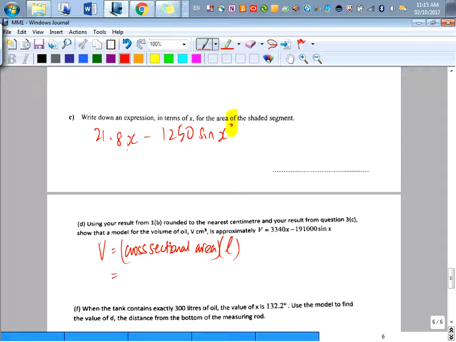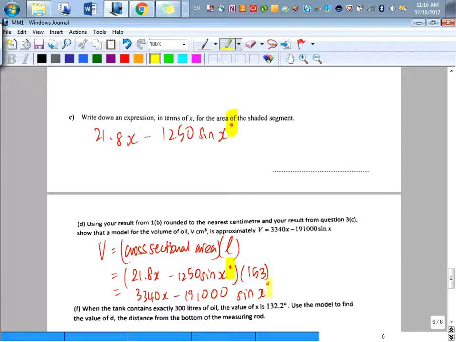We already have an expression for the cross-sectional area. And the length was 153. Continue to simplify, and you get 3340x minus 191000 sine x degrees.